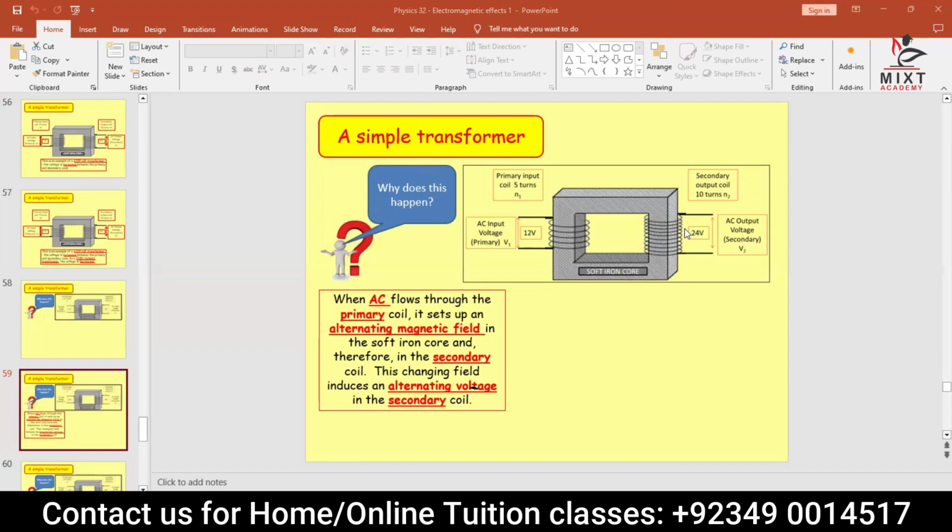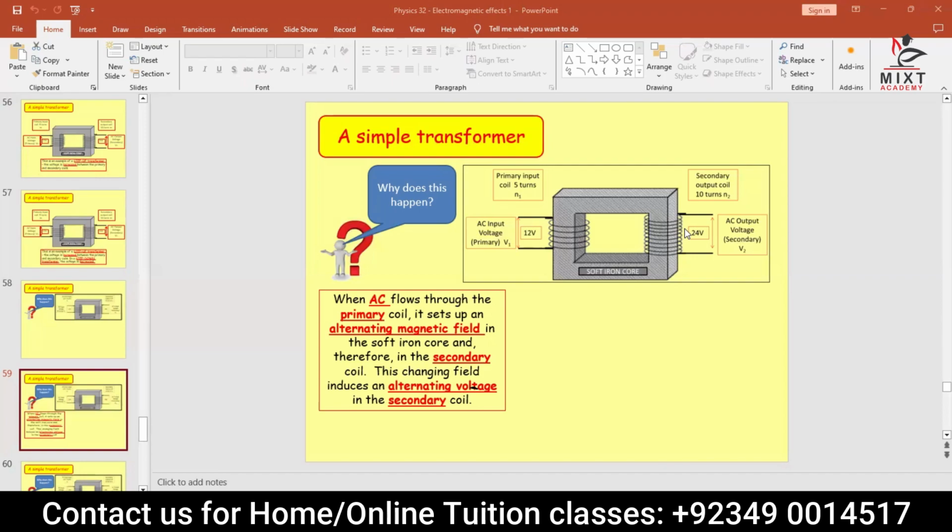I want you to write one line for this, please. If the input of a transformer is a DC supply, there will be no rate of change of magnetic field lines cutting the conductor in secondary.